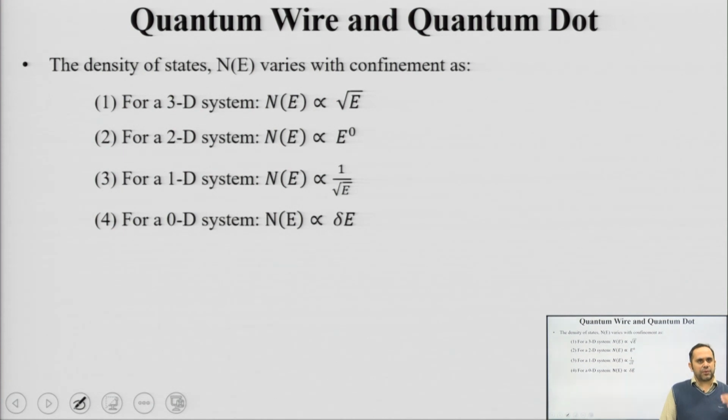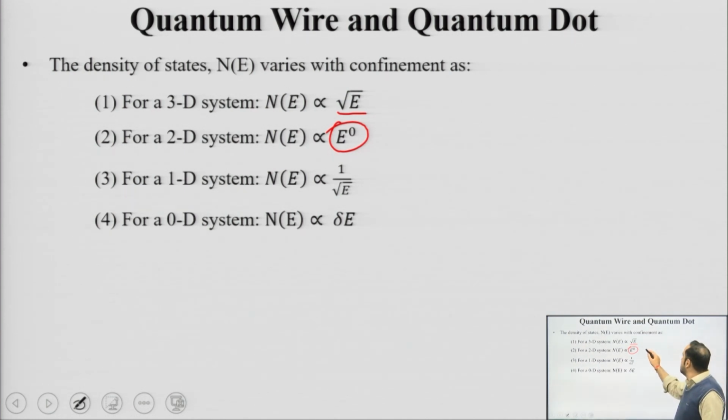And the probability of finding an electron goes down. You multiply these two things to get the carrier concentration, but the discussion here is only focused on density of states. So, the number of states available per unit energy per unit volume in a 3-dimensional system is proportional to the square root of energy. In a 2-dimensional system, it is independent of energy.